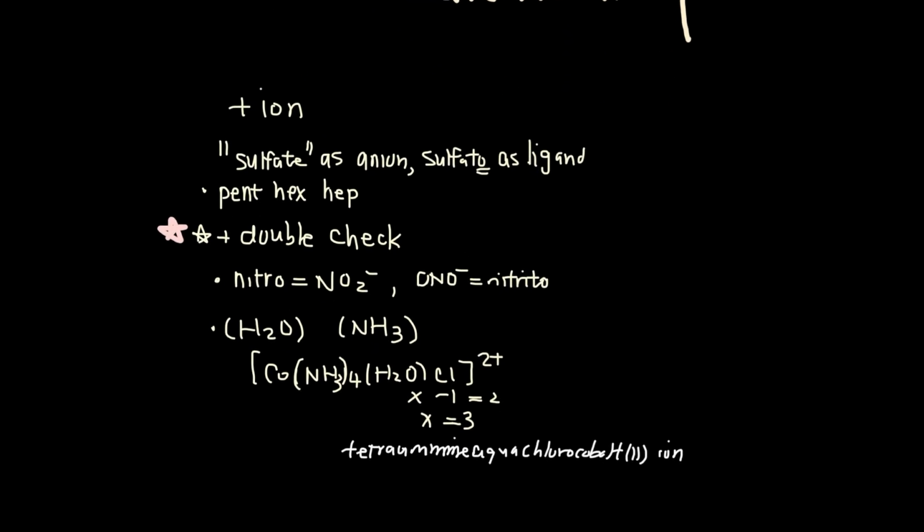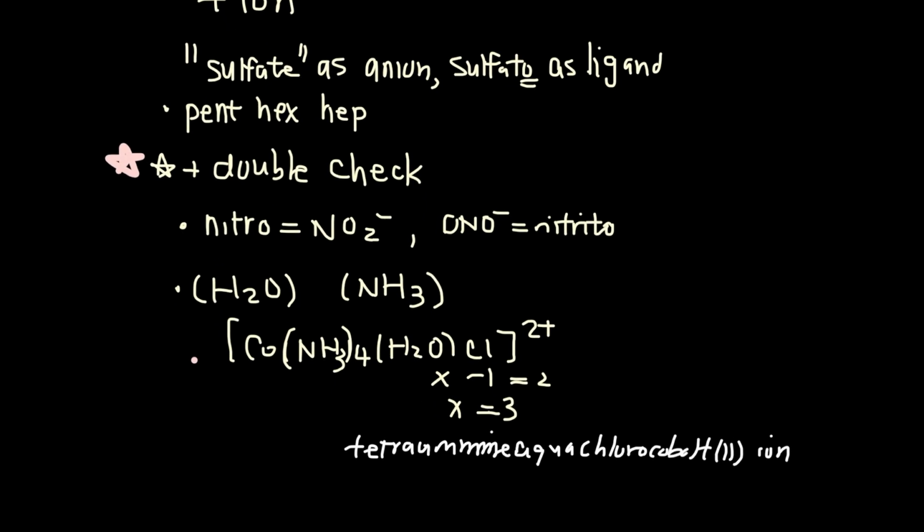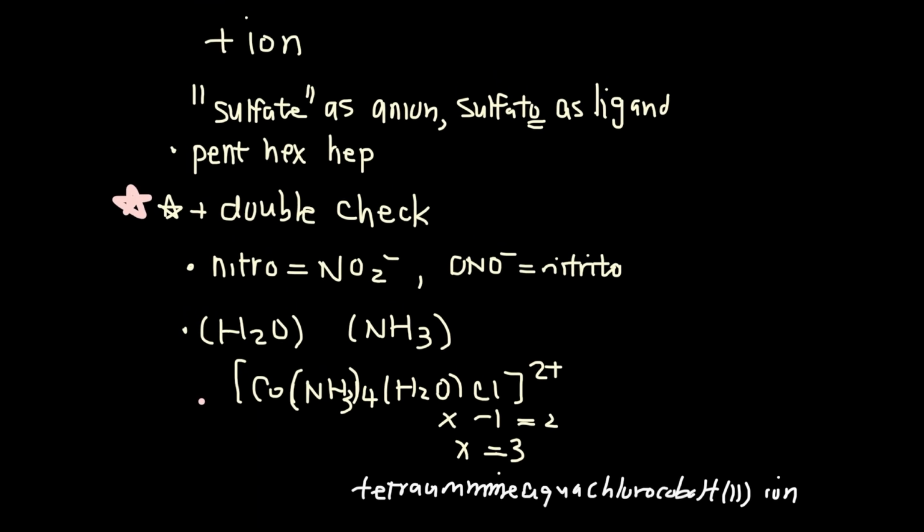Right, and here are some examples. Something really funny I found was that even if it's water and there's just a 1 at the bottom, you still need a bracket around it. Same thing with amine. And weird stuff is nitrito, ONO, nitrito.